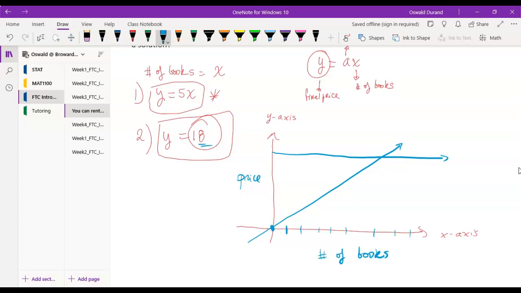So this is made up. You're going to have to do that work and be accurate and find out that point where the number of books meets that common price of $18. And then you have to determine when the online rental is more beneficial than the bookstore. Okay? And that's it.